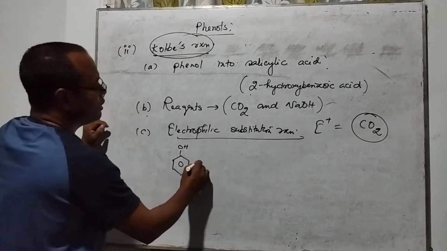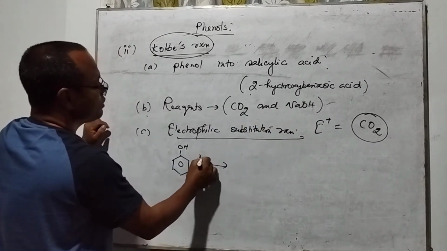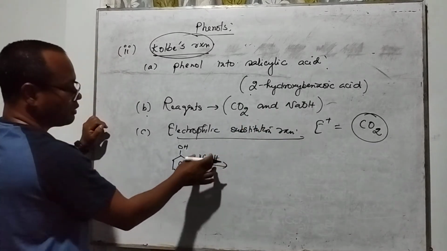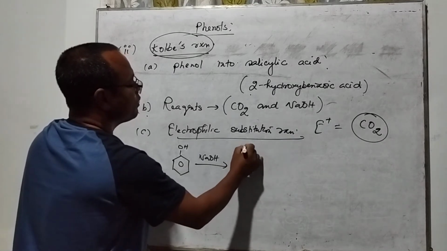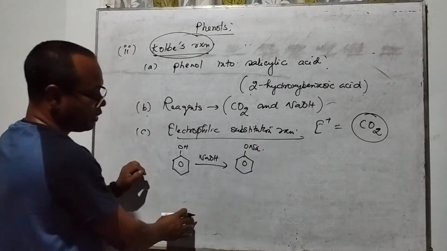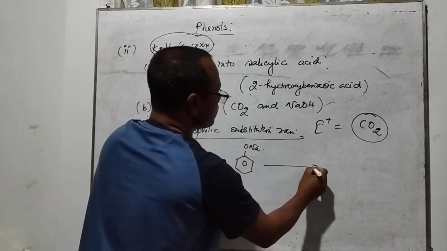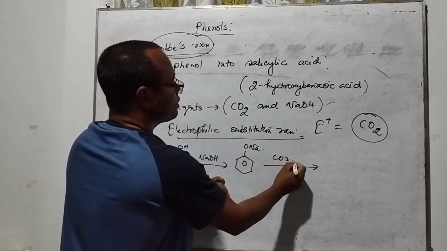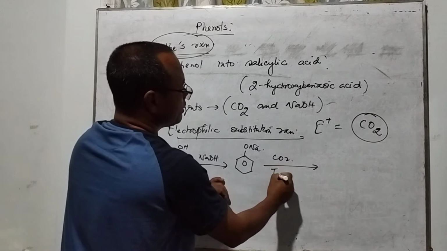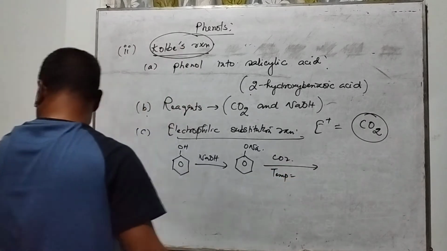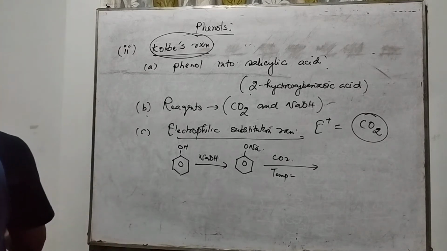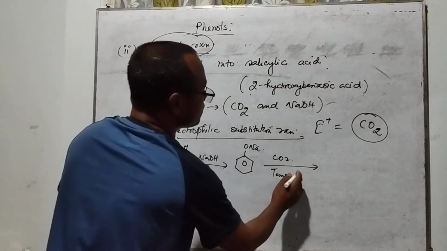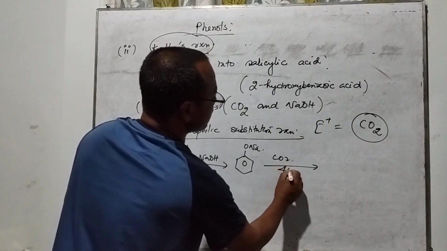This is the phenol. Firstly, we react it with sodium hydroxide, and it forms sodium phenoxide. Then sodium phenoxide reacts with carbon dioxide. The temperature is given here: 400 Kelvin.